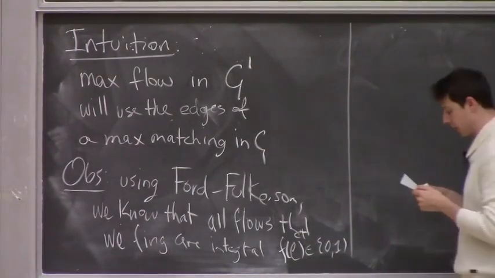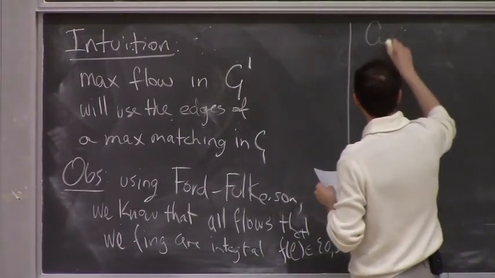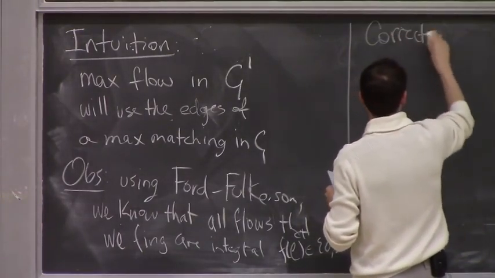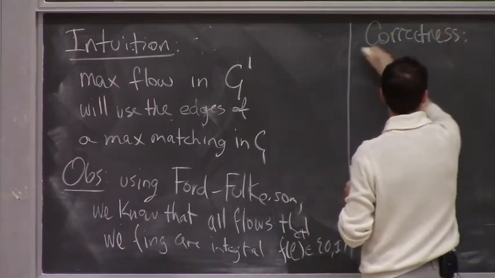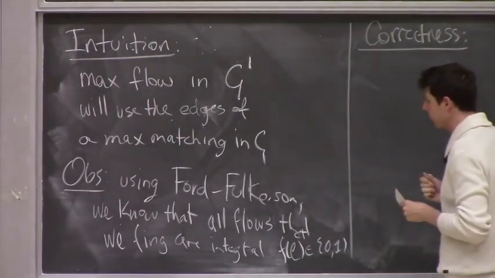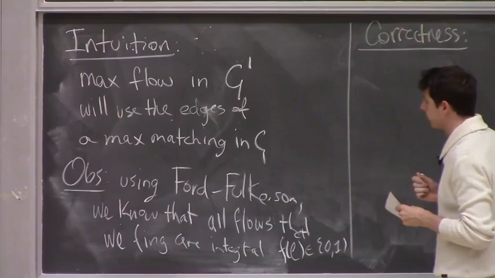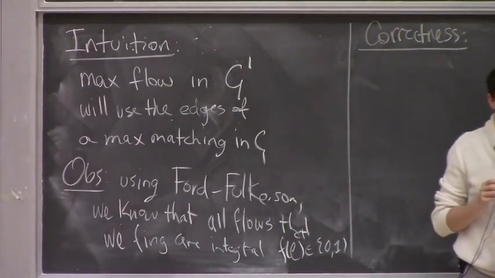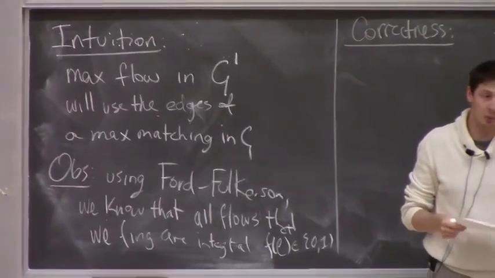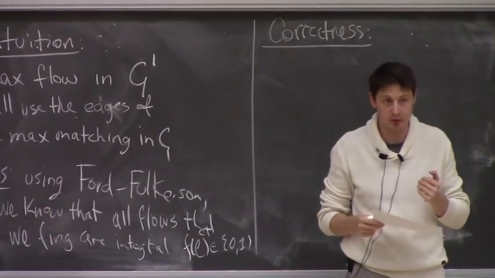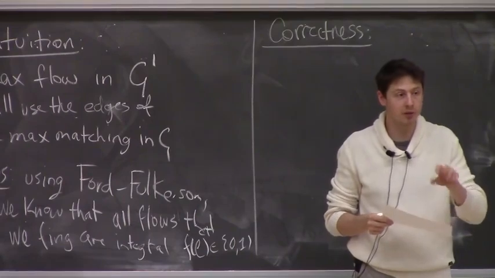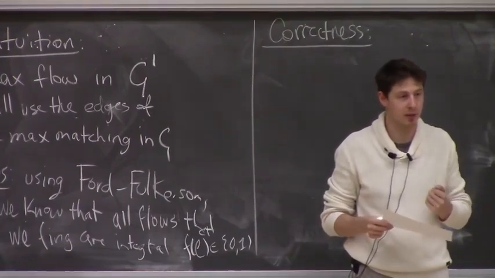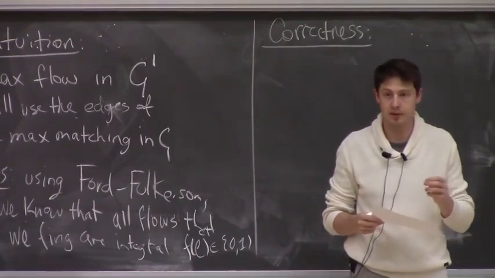Oh, wait, cool. So let's try to argue correctness of this algorithm. By the way, let me also ask. We find the maximum flow, right? We cannot output the maximum flow, so we have to post-process the solution, right? So how do we take the maximum flow and then extract the matching? Just want to make sure that's clear.